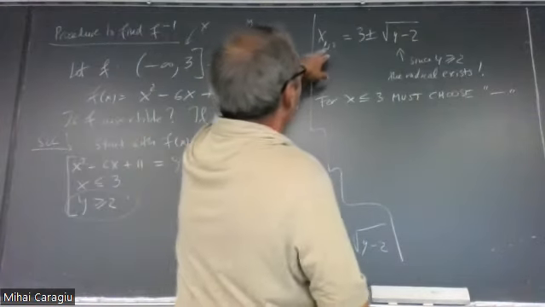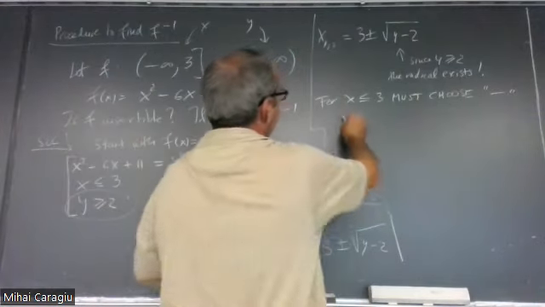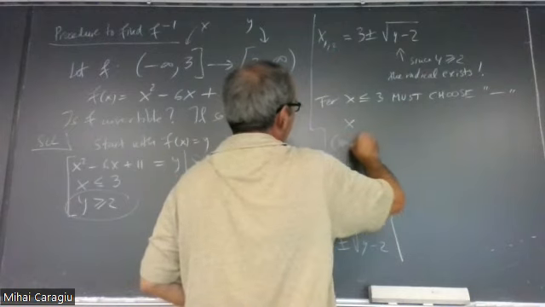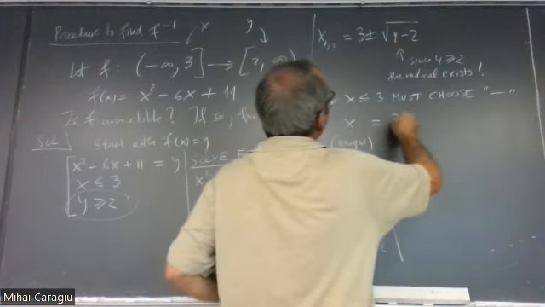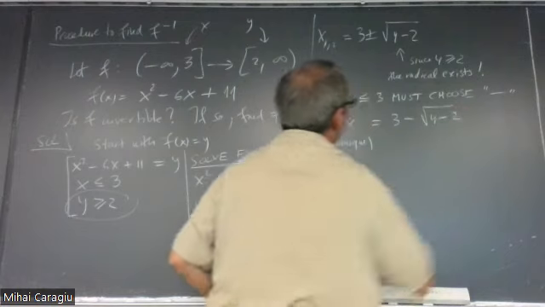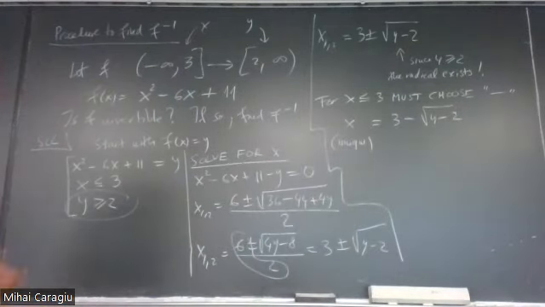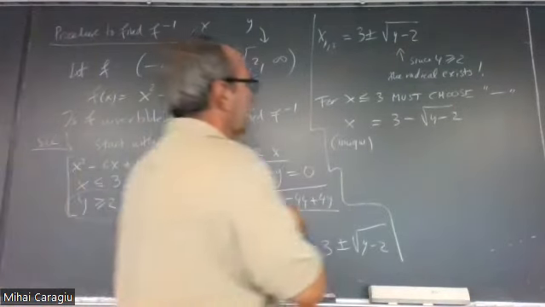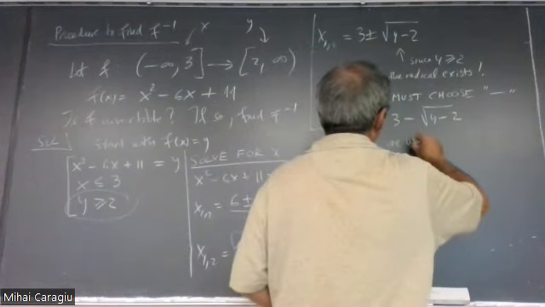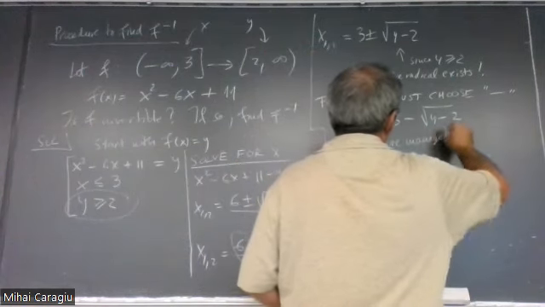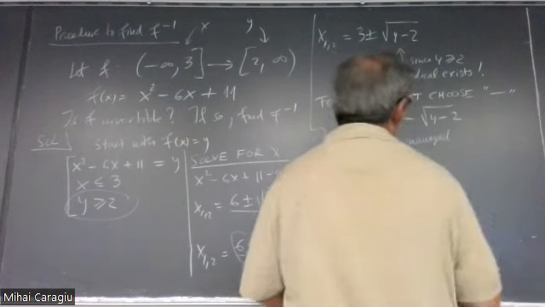So instead of x1,2, we get only one x, which is unique: 3 minus the square root of y minus 2. And this way we managed to solve uniquely for x.